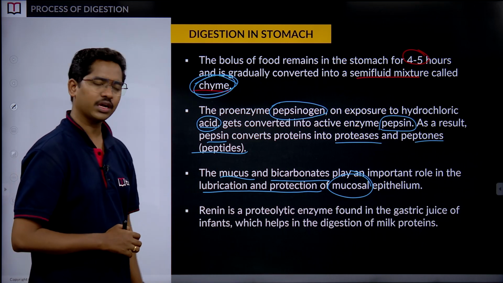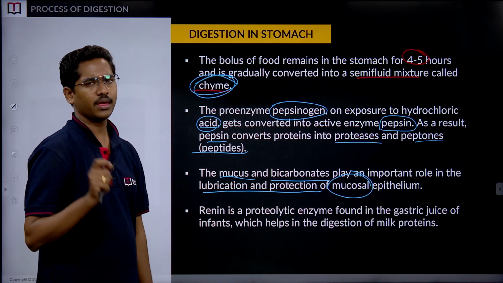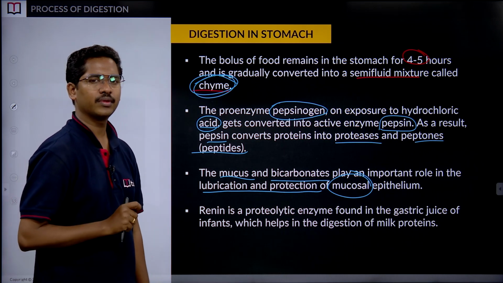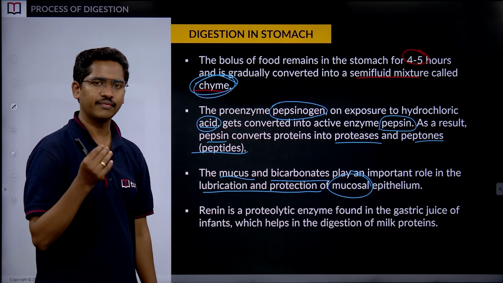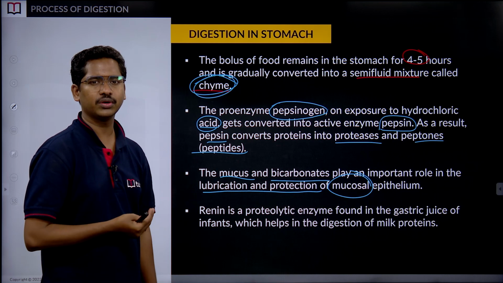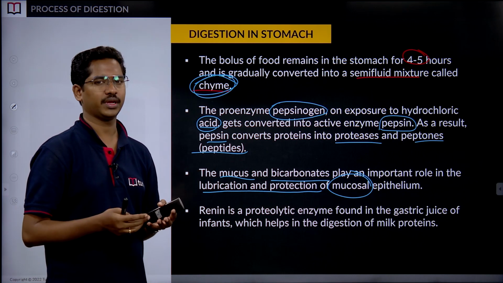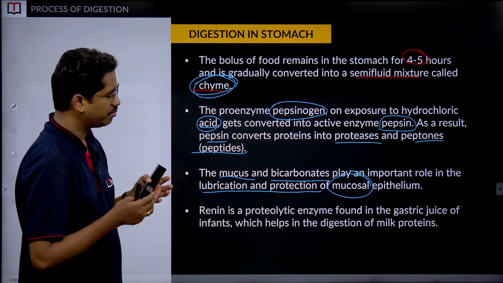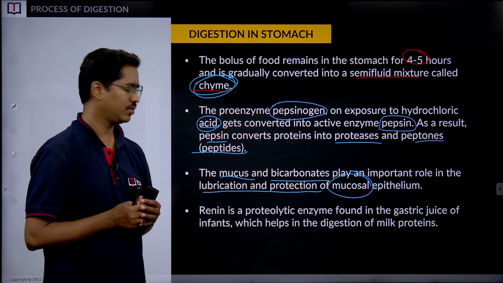This is an exception here, children, that I wanted you to learn, which is why I mentioned it. When you see infants, babies less than 2 years or 1 year, what is the primary food they consume? Obviously, milk, right. Now, milk has a specific type of protein, okay.